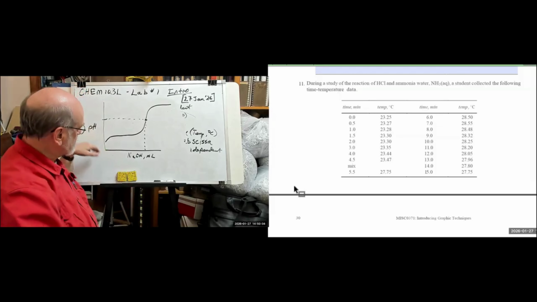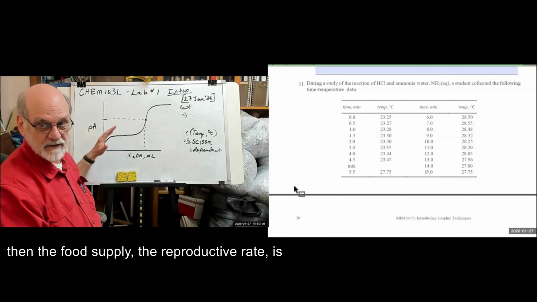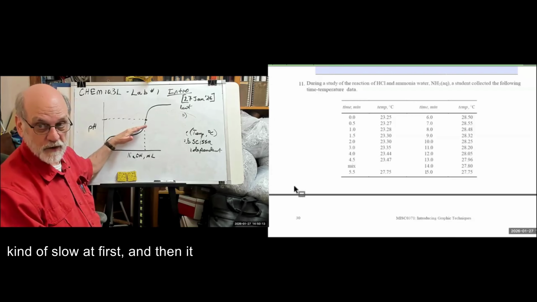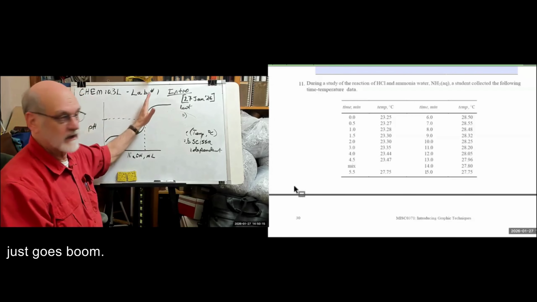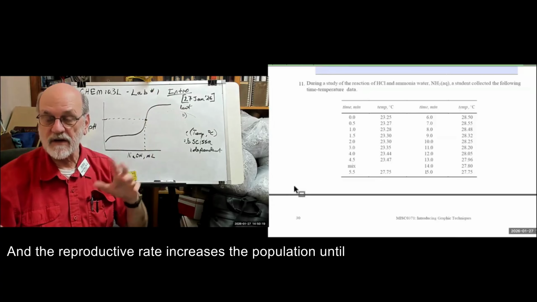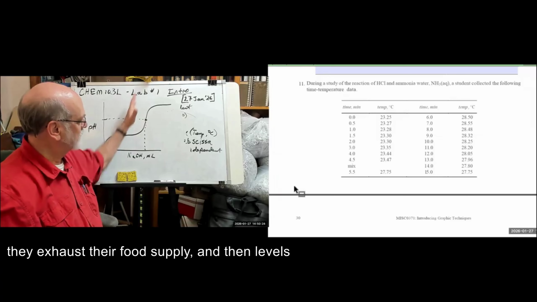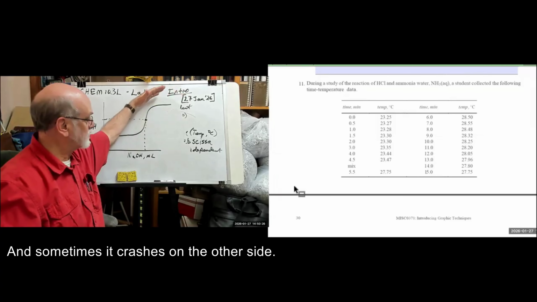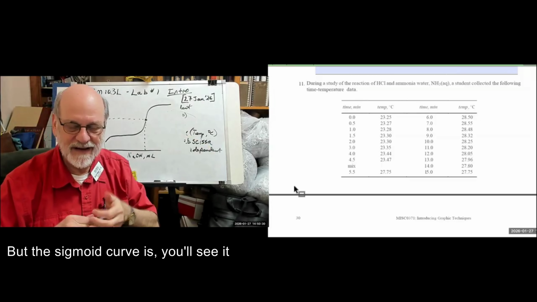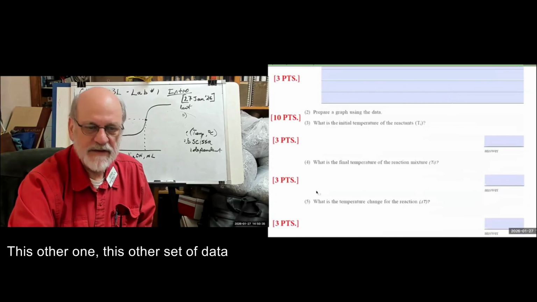So you start off at this level, and then the food supply, the reproductive rate is kind of slow at first, and then it just goes boom. And the reproductive rate increases the population until they exhaust their food supply and then levels off. And sometimes it crashes on the other side. But the sigmoid curve, you'll see it lots of places.